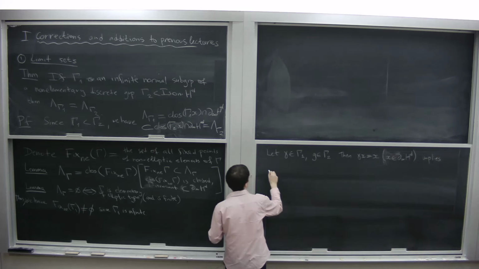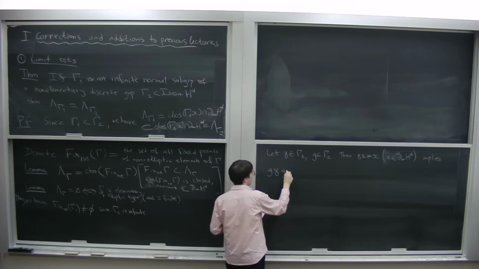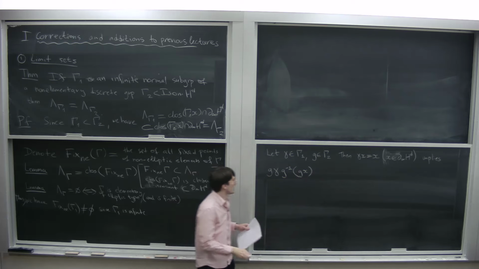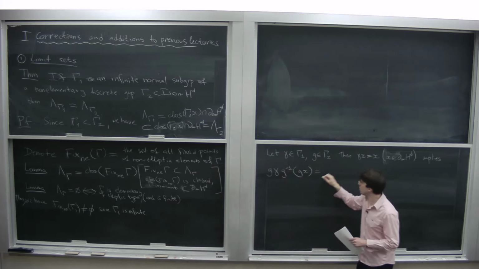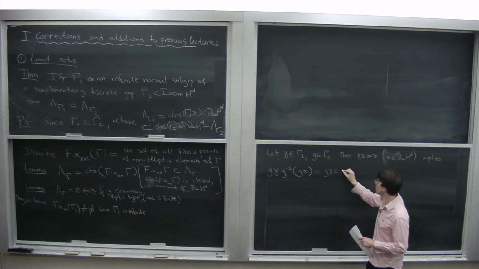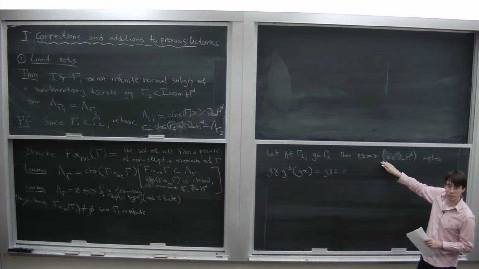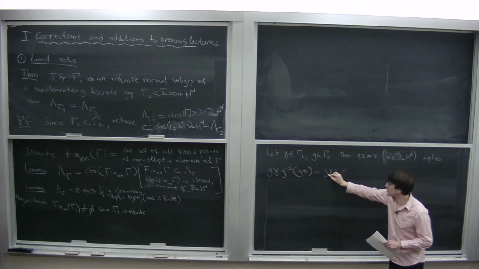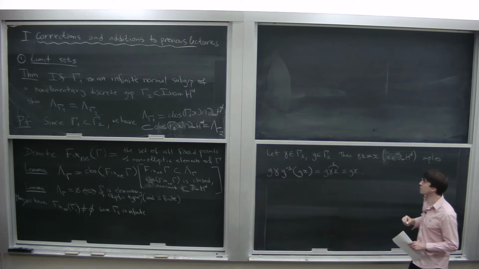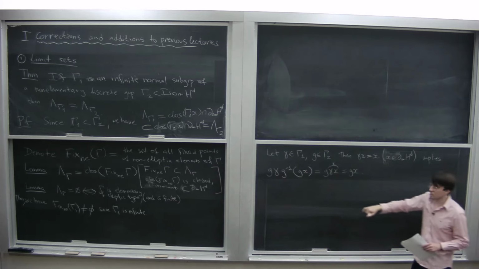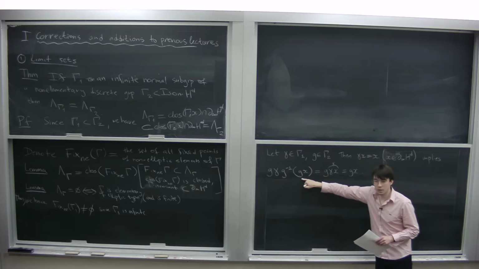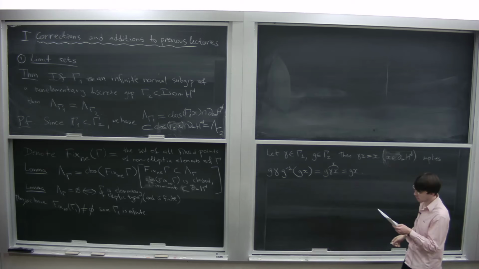I can write G gamma G inverse applied to Gx, and I simply have that it is equal to G gamma x. Then I use that gamma x is equal to x. So this is Gx. So G gamma G inverse has this fixed point Gx, right?